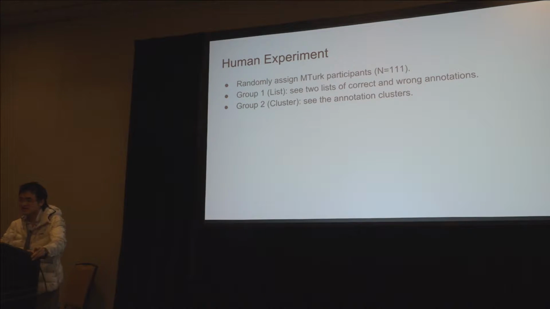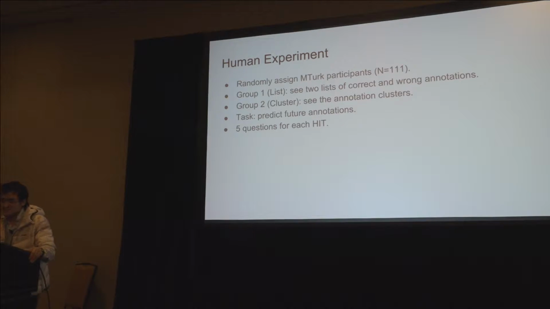Here we are trying to see if instead people look at clusters and have a better understanding of why workers made mistakes. The task is an objective task: just to predict future annotations by the same worker.